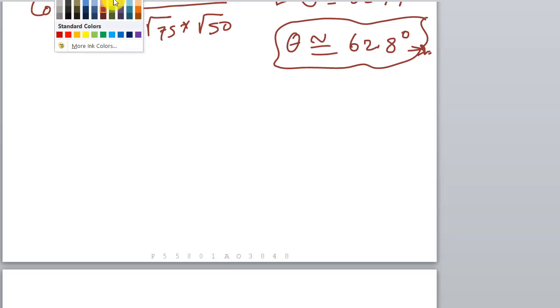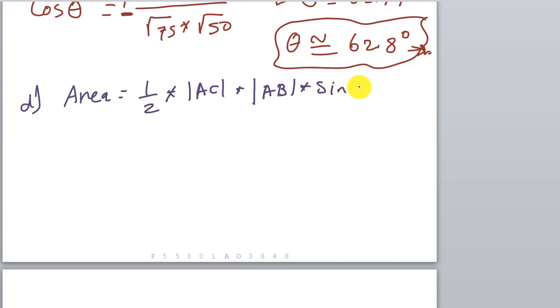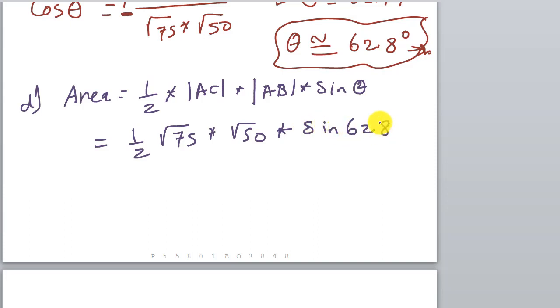So this is part D. Area equal to half multiplied by AC multiplied by AB multiplied by sin theta. So half square root of 75 multiplied by square root of 50 multiplied by sin 62.8.